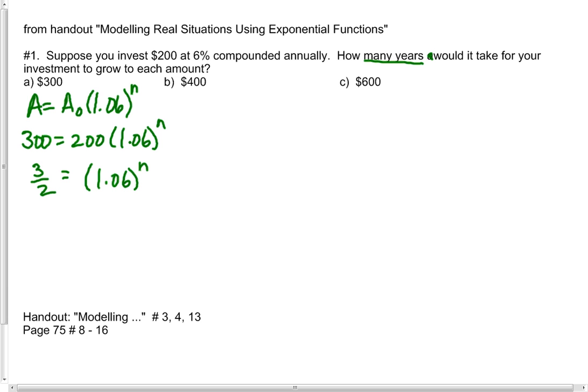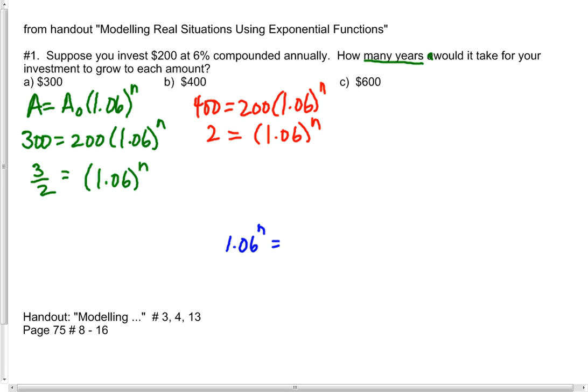I want to know how long it will take my $200 to double. I can only model my own thought process, which is a little crazy at best, but I know that the relationship between these things is that 1.06 to the n equals, oh, I should have divided both sides by 200 first. Divide both sides by 200, and I know that 1.06 to the n equals 2, or I can write it as a log.